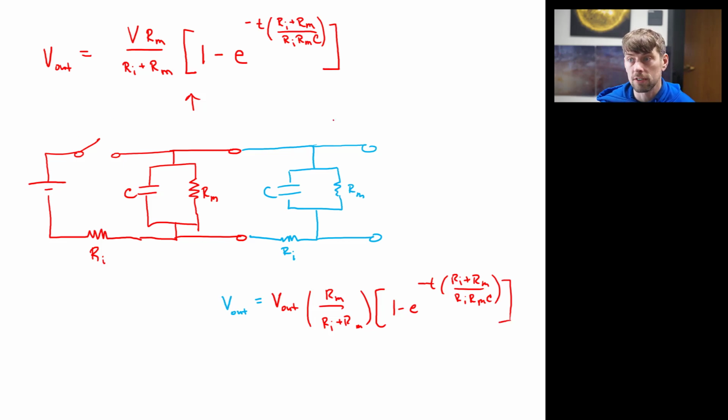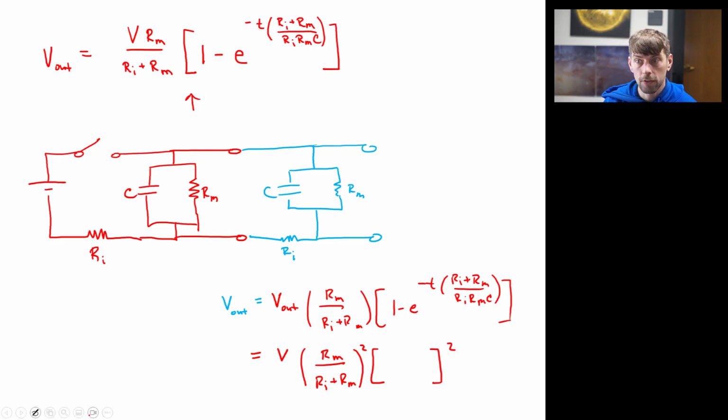But V out we could substitute in here, and so we see that for that second circuit, the blue one, the output is going to be the battery times this ratio, Rm over Ri plus Rm, squared, times this quantity in the parentheses squared. That's for the second one.